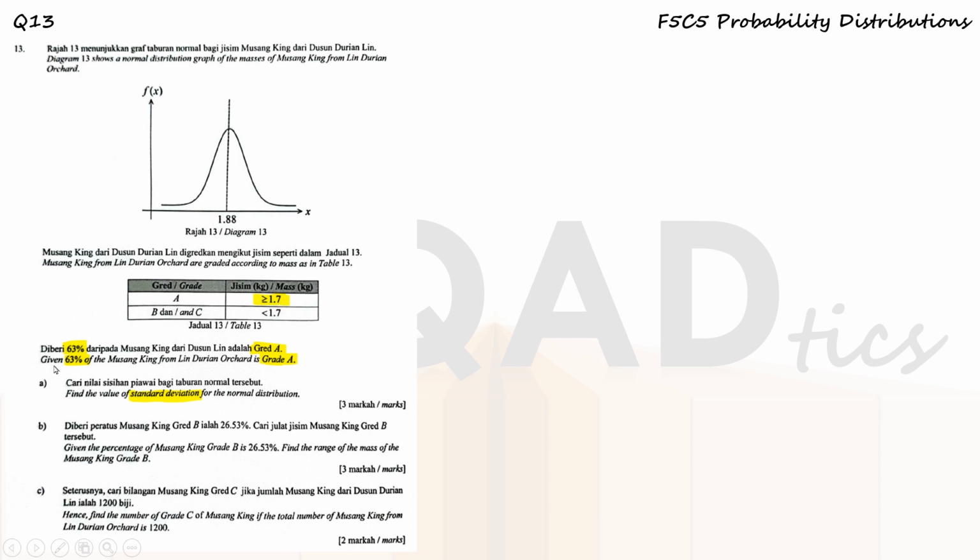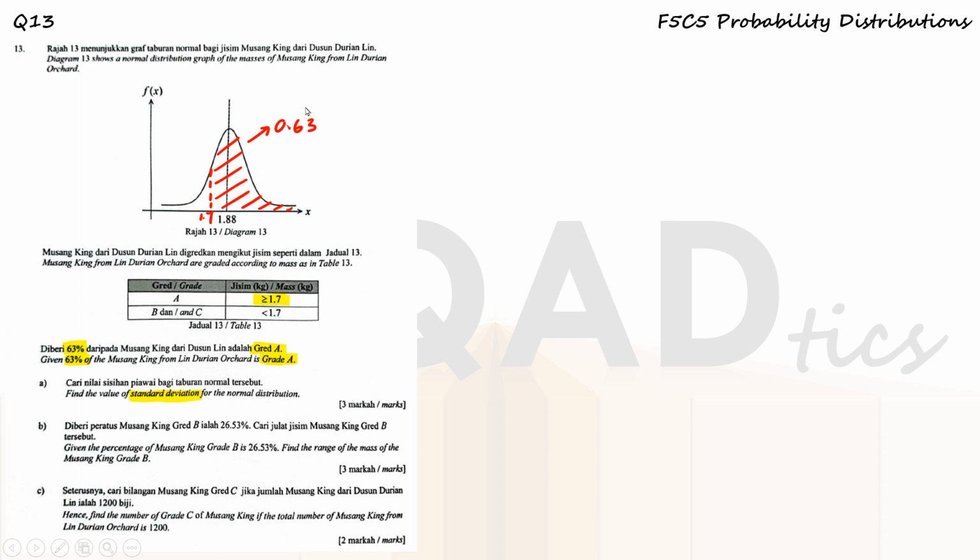And it also says that this grade A percentage is actually 63%. So if I want to draw this out, starting from 1.7, if I sketch to the right side, all these values are more than 1.7, which means this area is 63%, because all are from grade A Musang King.